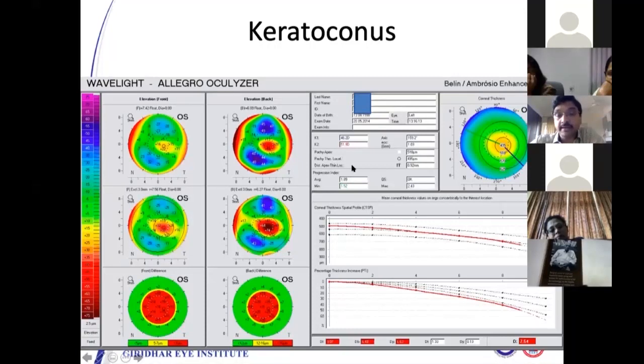So the red line is the cornea of the patient. If this red line doesn't follow the shape of this line or goes out of it, then it is abnormal. And percentage thickness increase shows how fast the thickness increases from the thinnest point. So again, the same principle here. If it goes out or is not following the line, it is abnormal, which is clearly shown here.